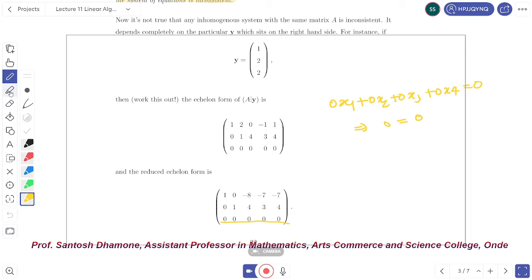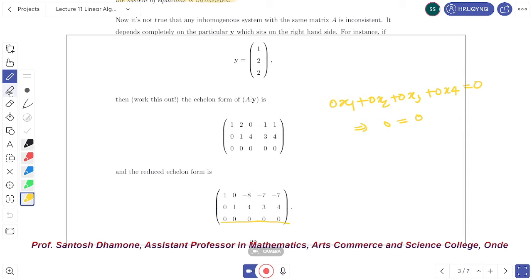This implies that x1 is equal to 8s plus 7t minus 7. This is the solution of the given system of equations. Okay, x1 is equal to 8s plus 7t minus 7, x2 is equal to minus 4s minus 3t plus 4, x3 is equal to s, and x4 is equal to t.